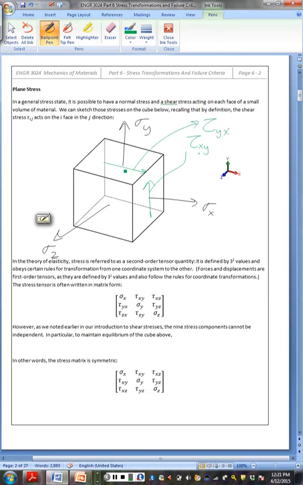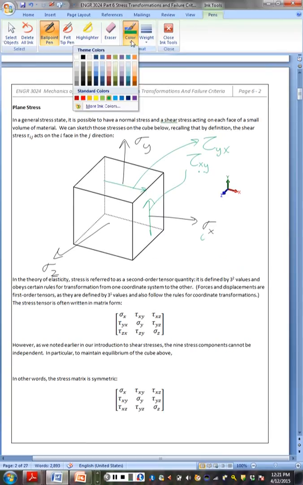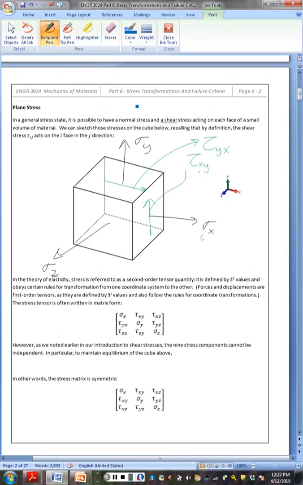It is on the plus y face, pointing in the x direction. Okay, we'll go for blue. We have a pair along this face, where this guy is our z face in the y direction, and this one is on the y face pointing in the z direction.